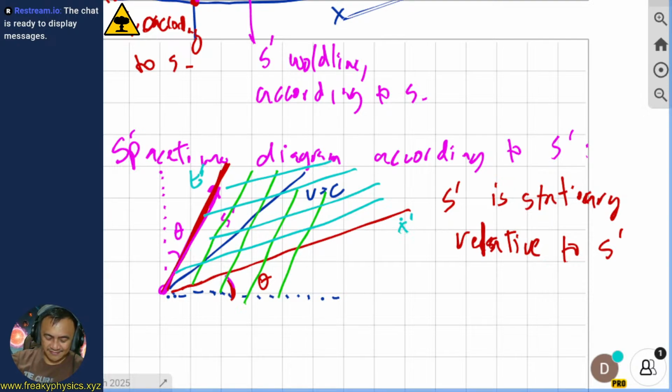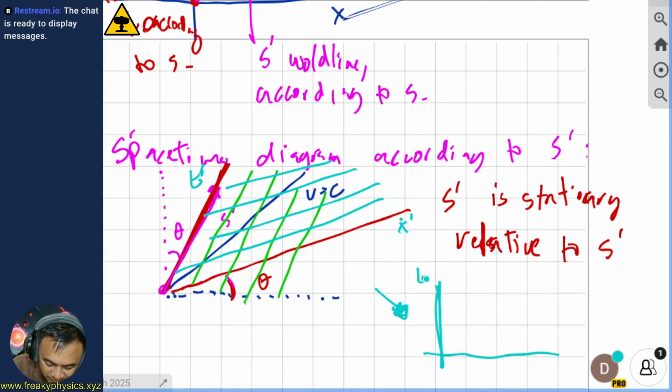Well, the green ones are all parallel to the t prime axis, and the blue lines are all parallel to the x prime axis. What does that do for us? For the person in S prime, nothing, because nobody in their right mind in S prime would draw their coordinates like this. In S prime, they would actually draw their coordinates like this.